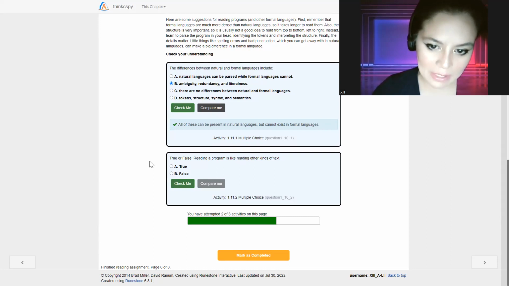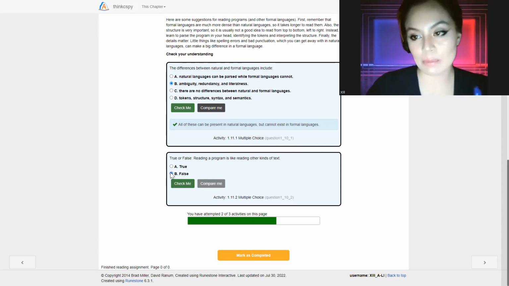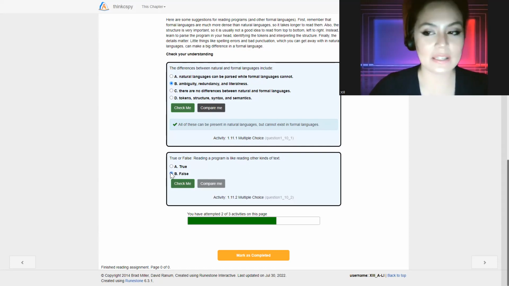Reading a program is like reading other kinds of text. That would be false, because reading a program requires a different level of parsing out tokens.